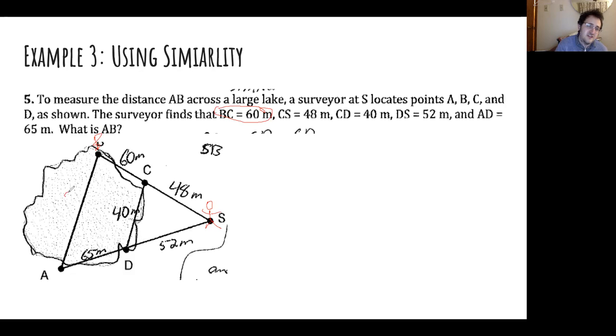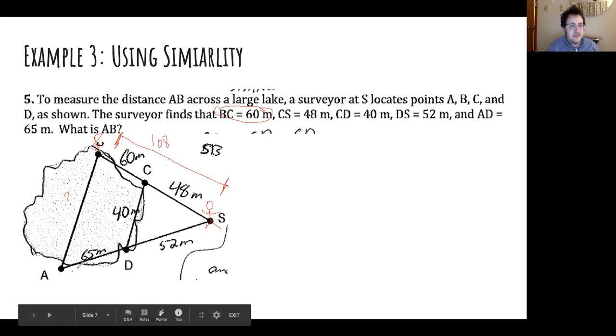And the question is, what is AB? One thing that is helpful is to look at the total distance. This is going to be 108, and then 65 plus 52 is equal to 117.